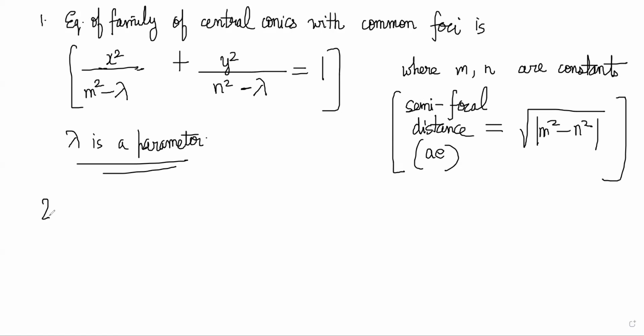Now, the second type that we will see is equation of family of conics with two common vertices.